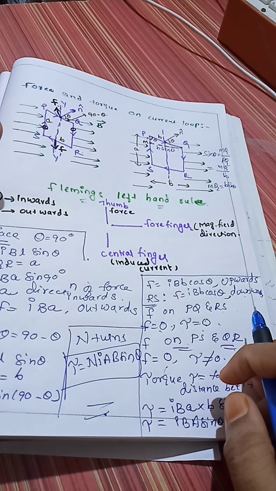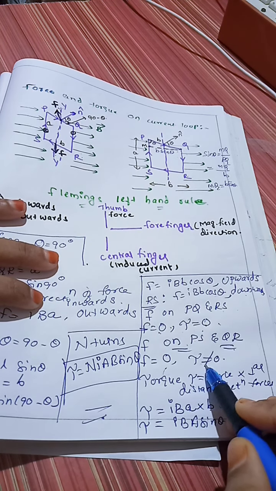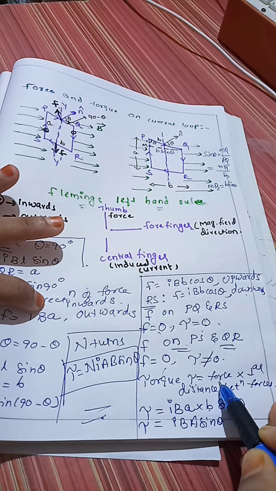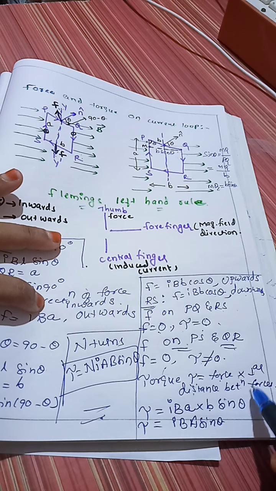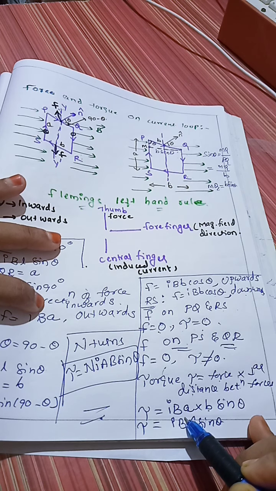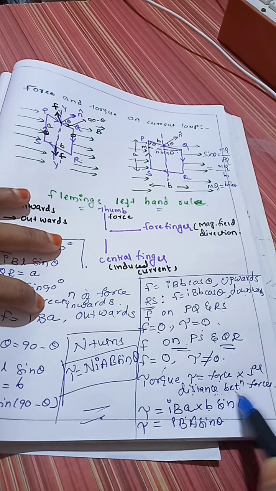So the line of action is not the same. As the line of action is not the same, the torque will not be equal to 0. Actually, the torque is nothing but the magnitude of force times the perpendicular distance between the forces. Already we know the magnitude as IBA. Now we have to find this perpendicular distance between the forces.